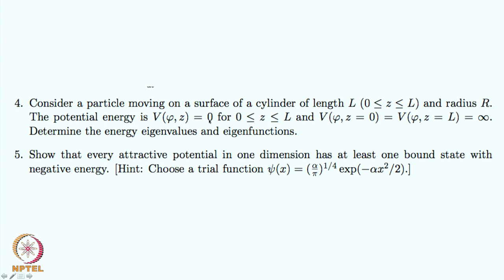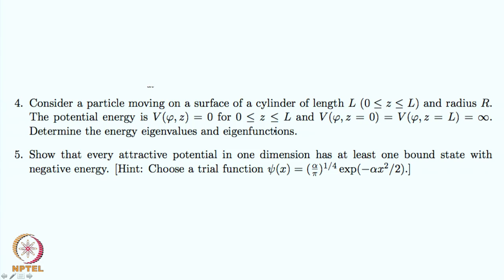The potential energy is given by this: between 0 and L the potential is 0, and at the boundaries V is infinity. You can consider this as a particle in a potential well with infinite potential, same as the one dimensional potential well problem you have seen. So, it is very simple to determine the energy eigenvalues and eigenfunctions.